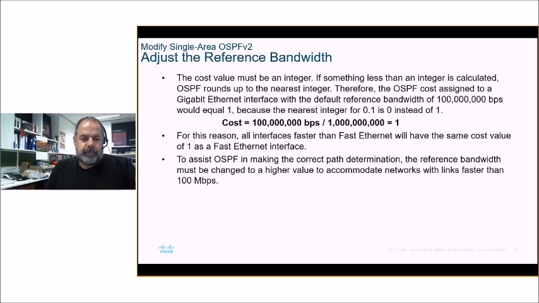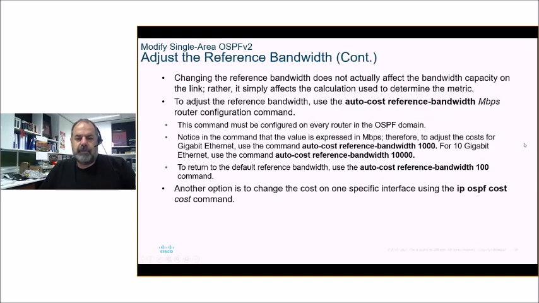Okay, and so of course, to fix that problem, basically we need to change this number, and there's actually a command to do that. And so there's the auto-cost reference-bandwidth command, and you do that in router config mode, and then you set it in megabits per second.